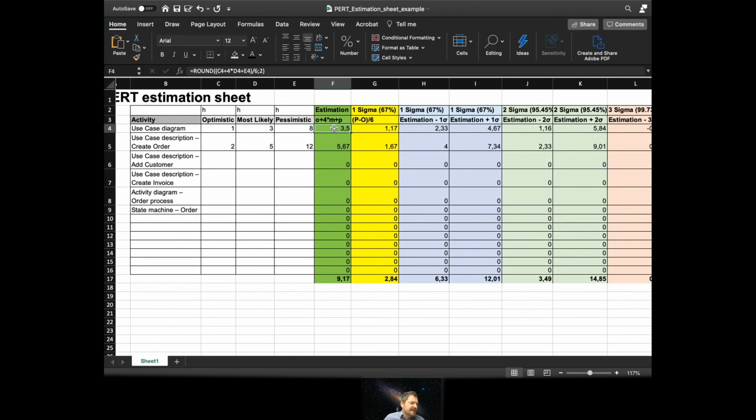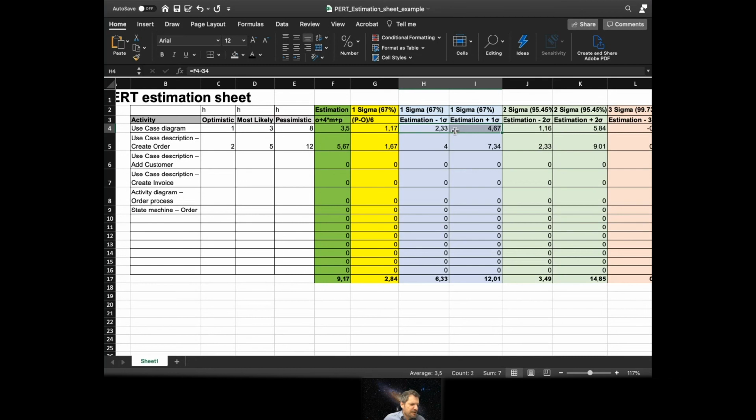And then you get a calculation in the end. Automatically, it calculates, for example, for 1 sigma, so you are nearly 70% confident that you finish your task between 2.3 days and 4.6 days.